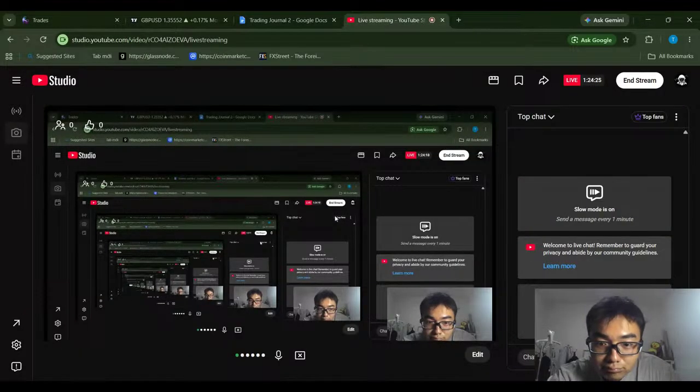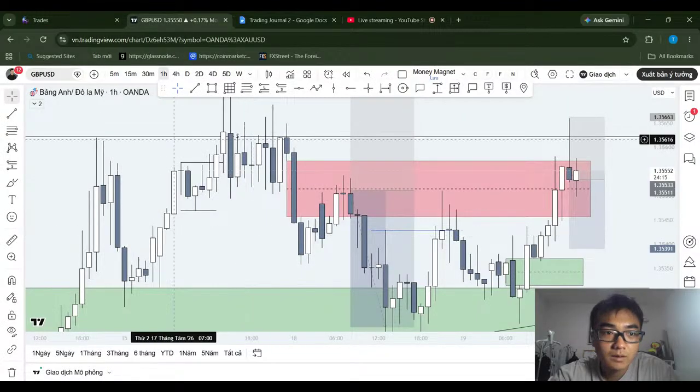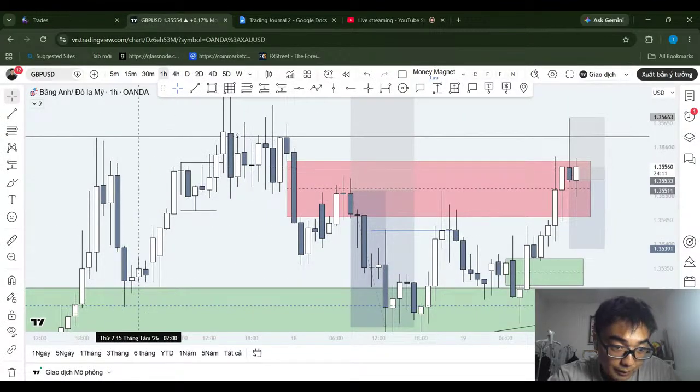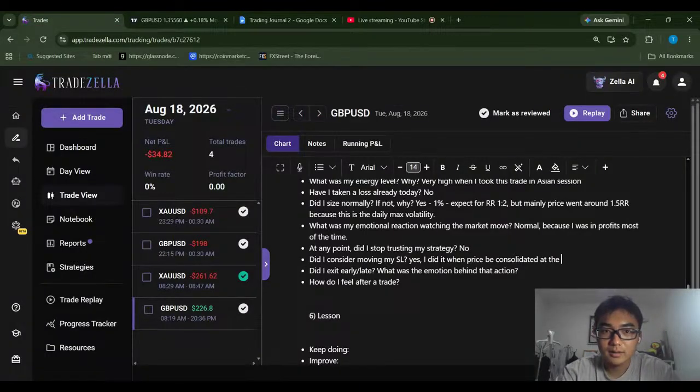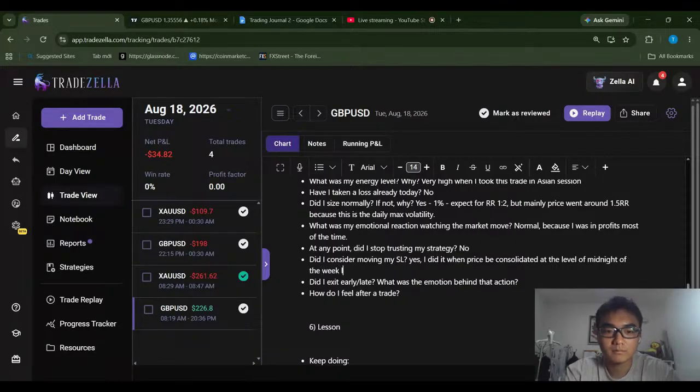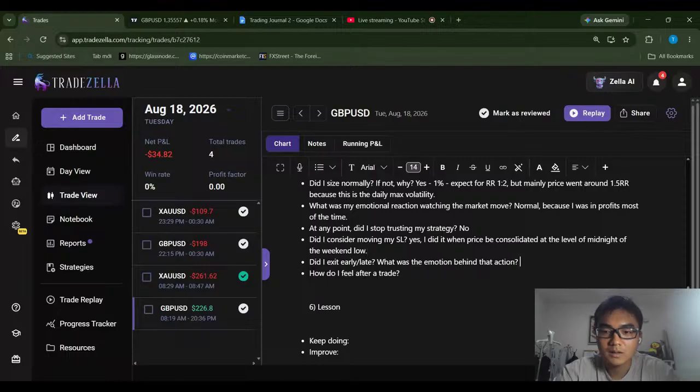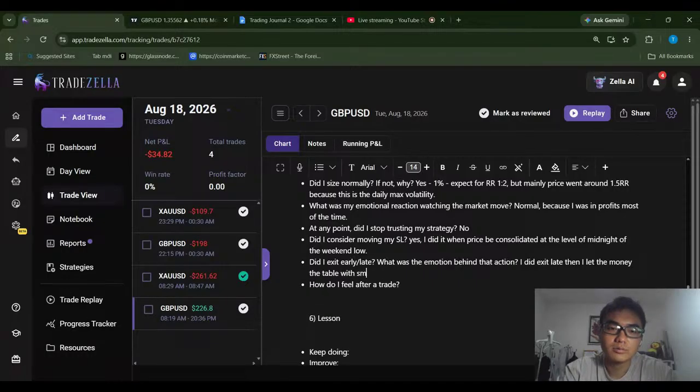So around this level, not M5, I said like, then I left the money on the table with a small win because I hope for more.